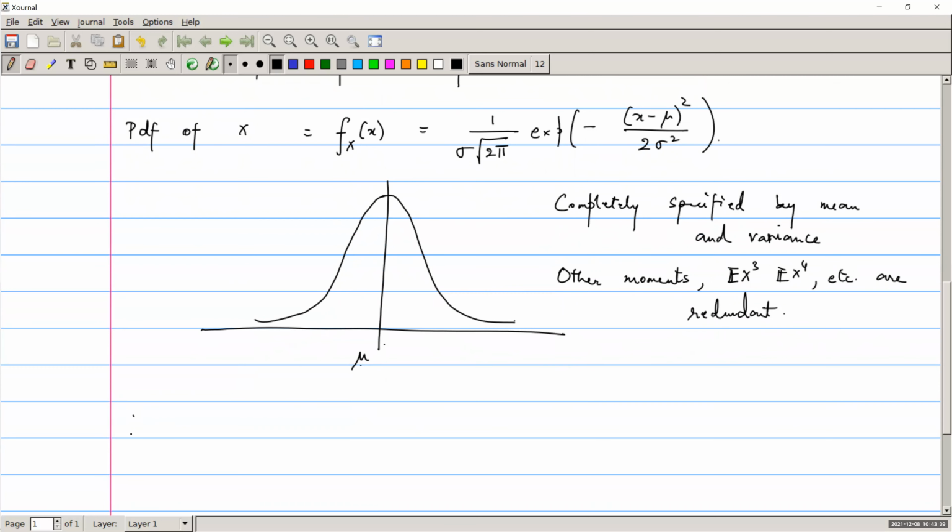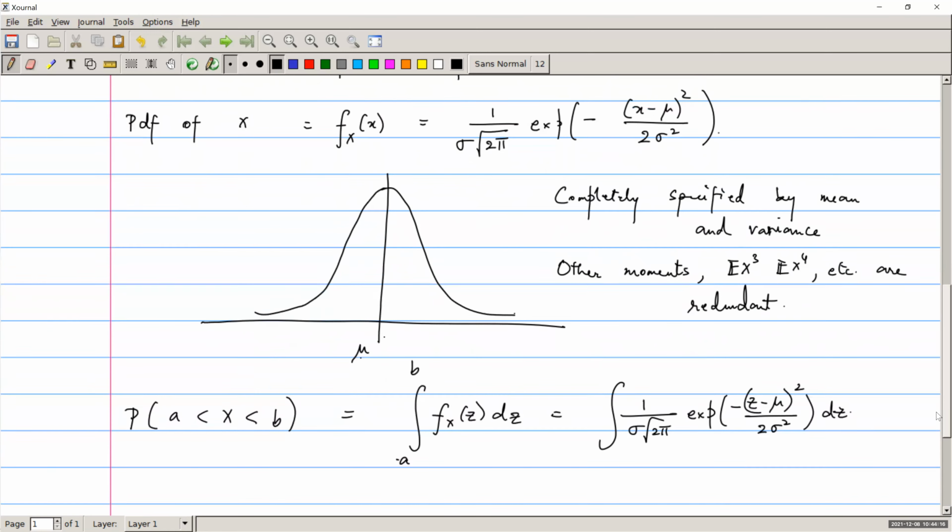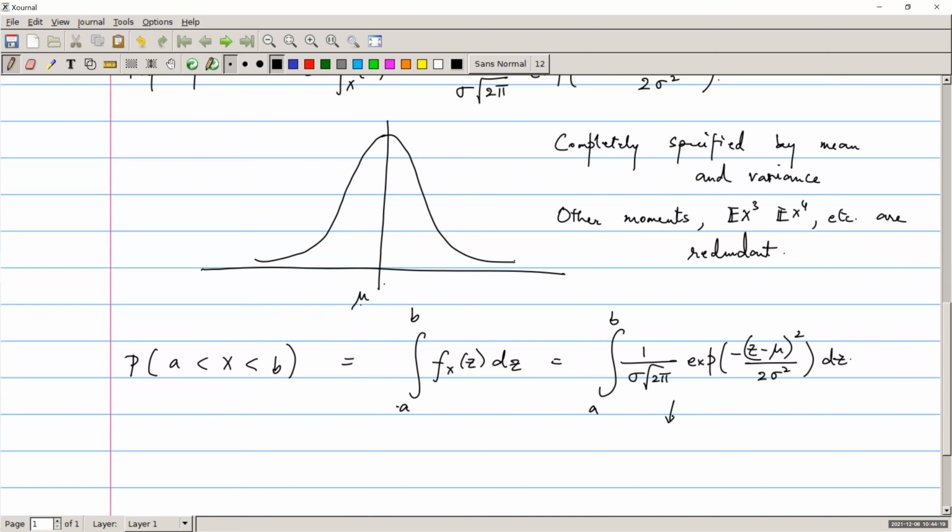So if somebody asked us what's the probability that a is less than x is less than b, we would want to do this integration. Right, so this is the integral we want.